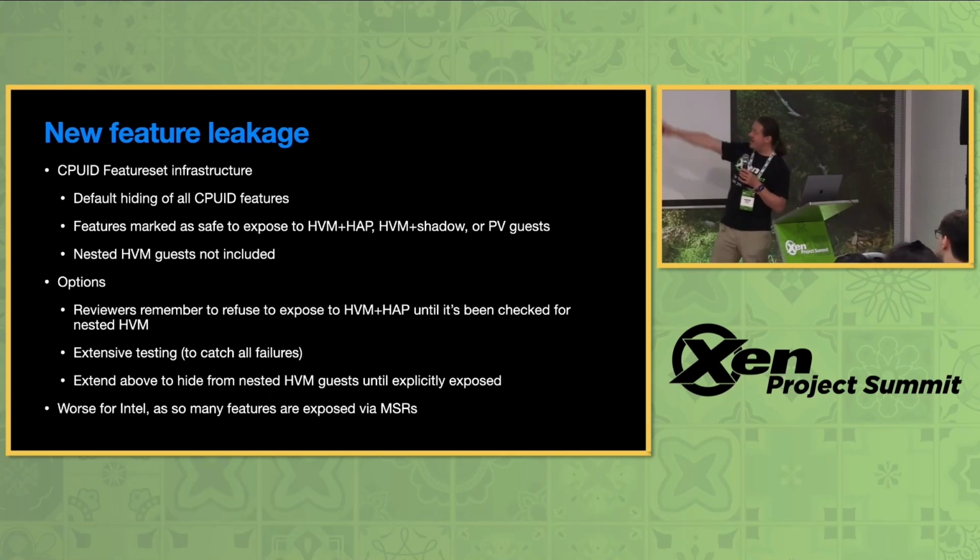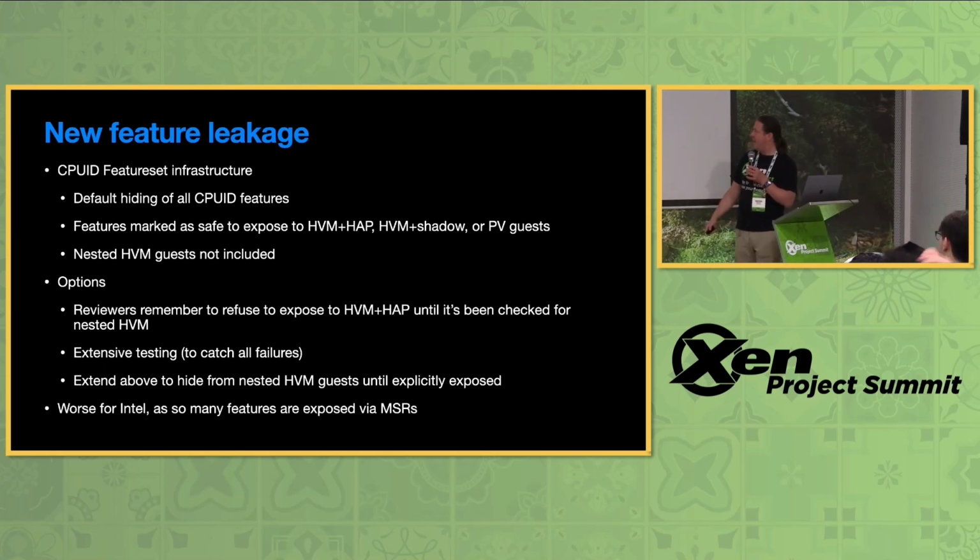Or we can extend this functionality to say nothing new is exposed to nested virt guests until the developer has specifically said that it's okay not only for HVM plus HAP, but also for nested HVM guests. Obviously the first one is the easiest, but it's also the least robust. Same thing with the second one. So I'm inclined to think the third one is what we should go for.